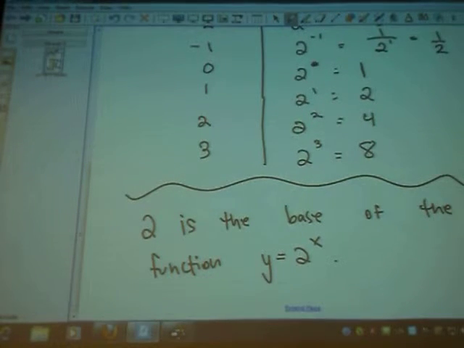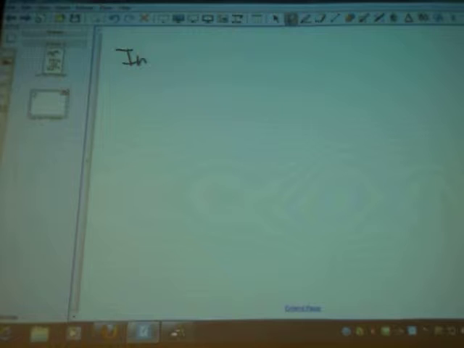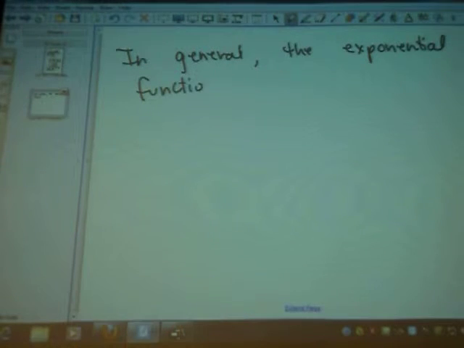Now, I just used the function 2 to the x power as an example, but in general, we say y equals k times a to the nx power.